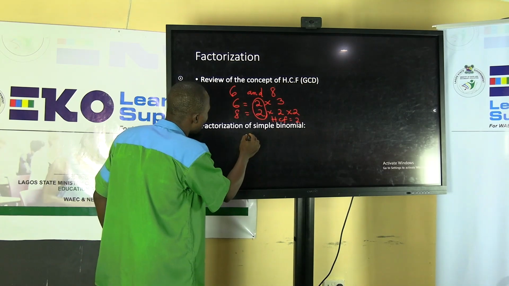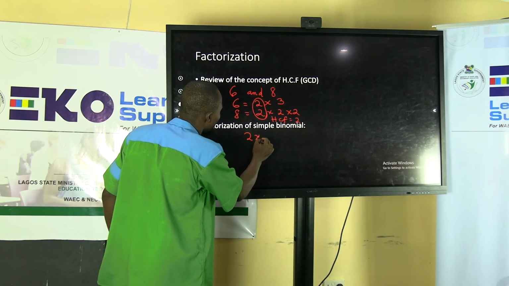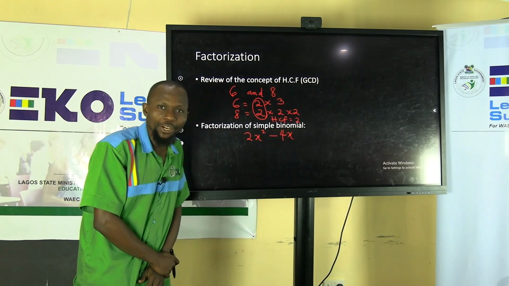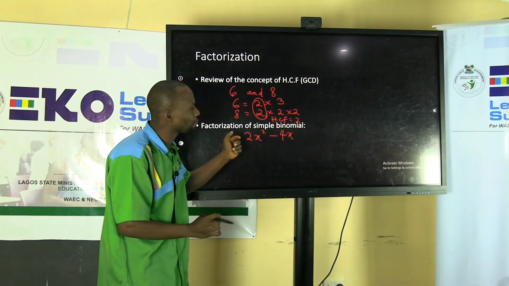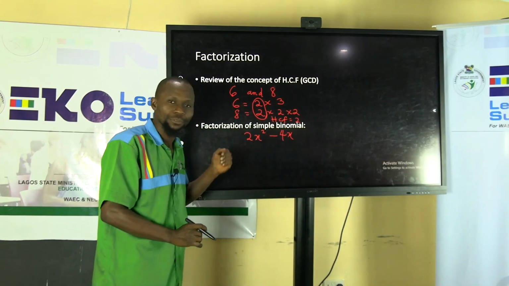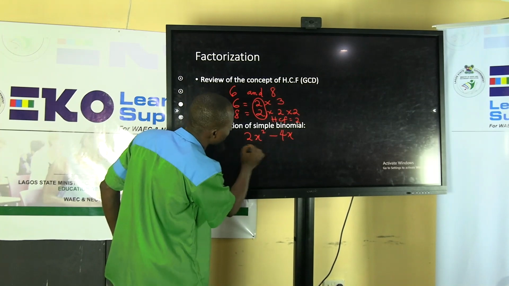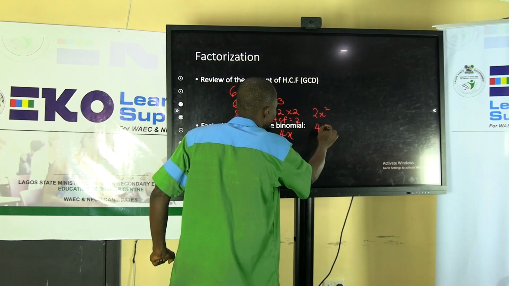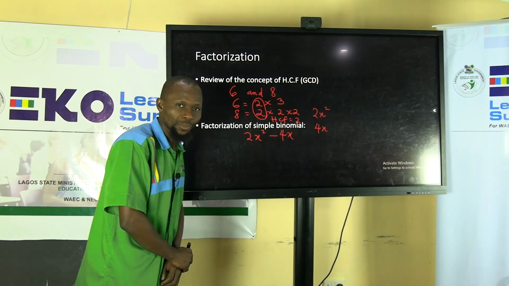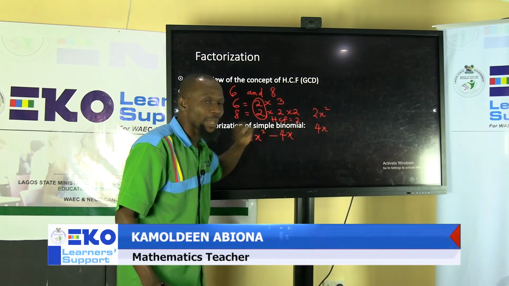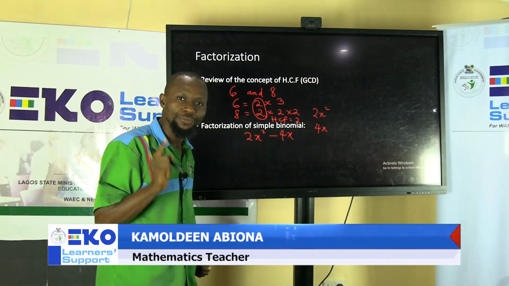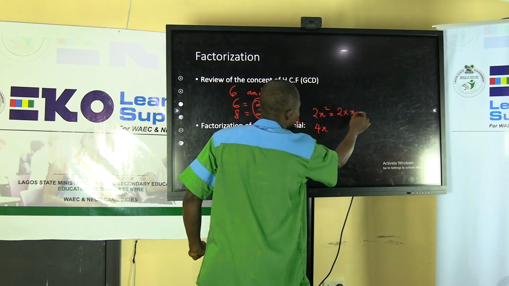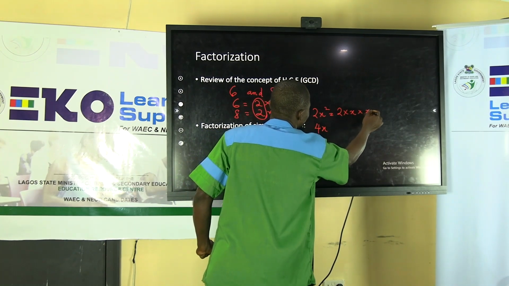For example, we can have 2x squared minus 4x. Here, we need to first find the HCF of the terms. The terms we have are 2x squared and 4x. So we need to express 2x squared as a product of its factors, which is 2 multiplied by x multiplied by x.